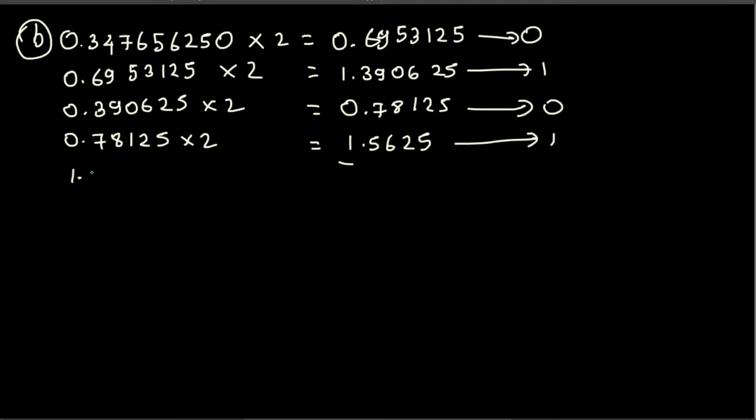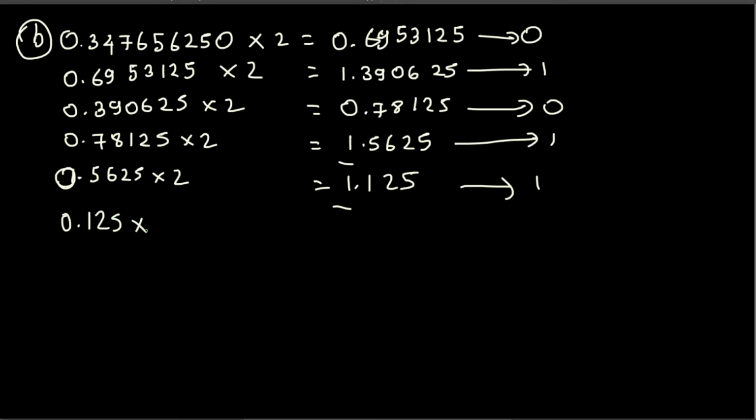Then 1.5625 multiplied by 2, oh no, I should get only the fraction value, that is 0.5625 multiplied by 2, that is 1.125, and then 1 right here.